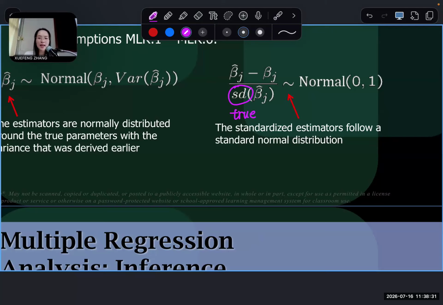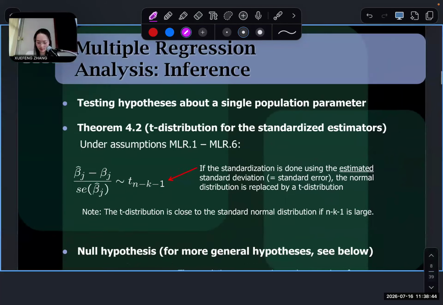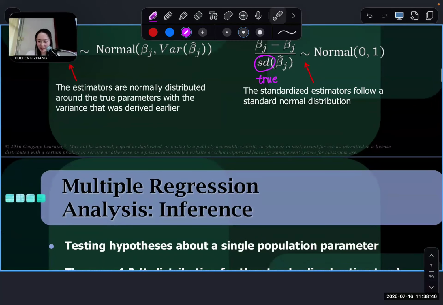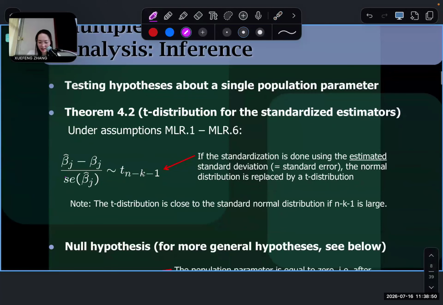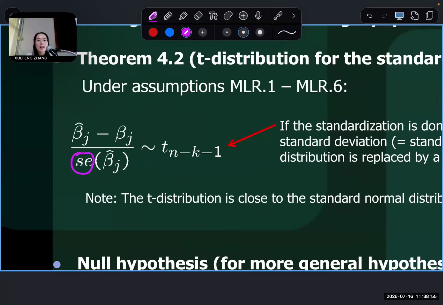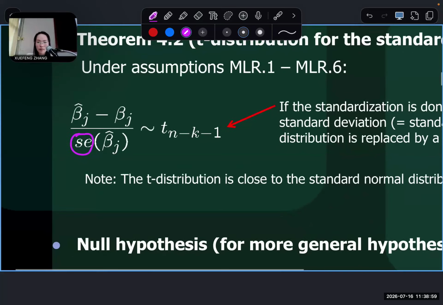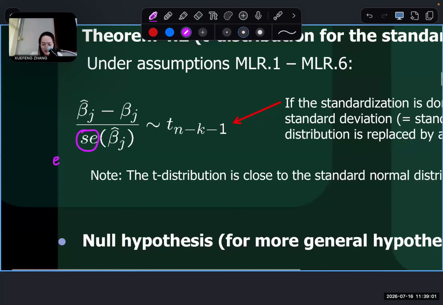Because it depends on the unknown error variance. So in practice, we estimate it and we call it standard error. So you see here the difference. One is standard deviation, another one is standard error. Standard error always means the one that we estimated, okay? This is the estimated.